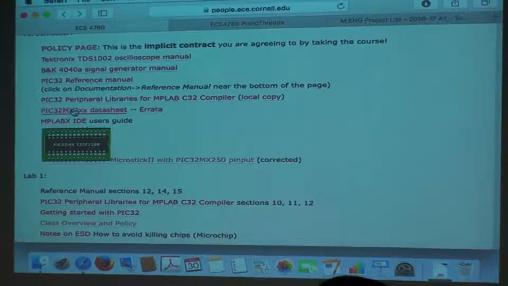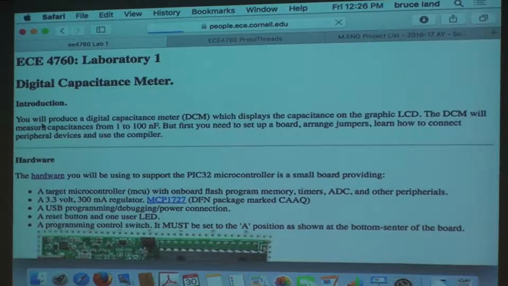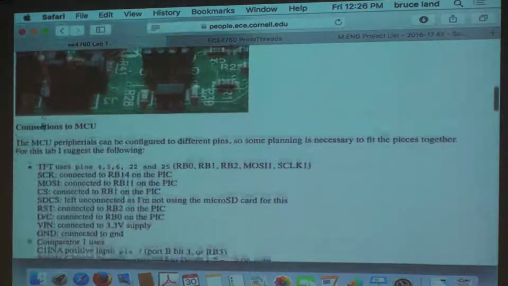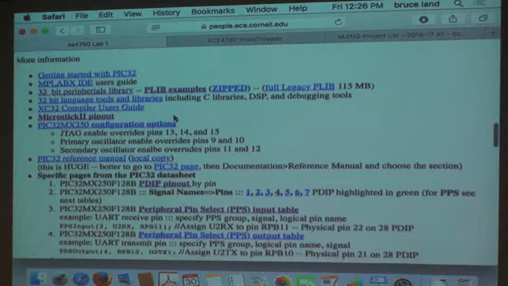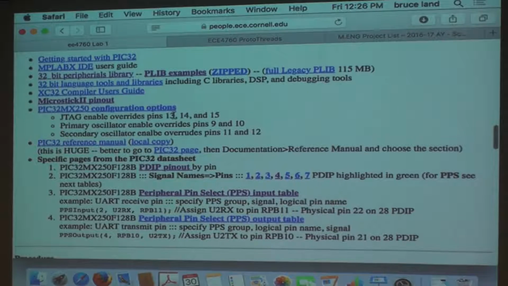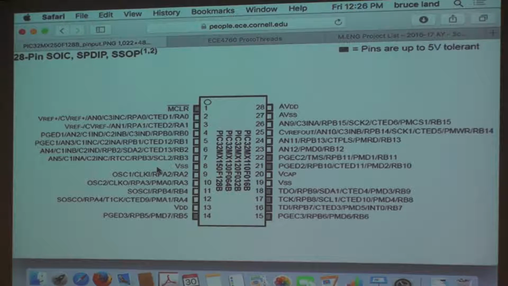The full version of all of the pin functions is in Lab 1. We can get it at the PDIP pinout, which I thoughtfully copied from the data sheet.